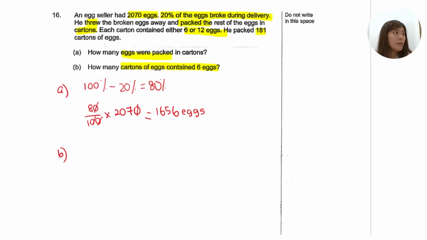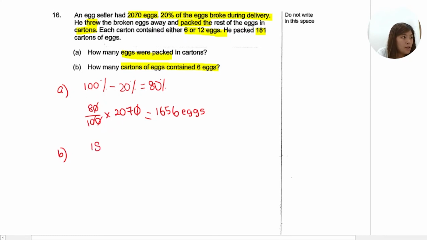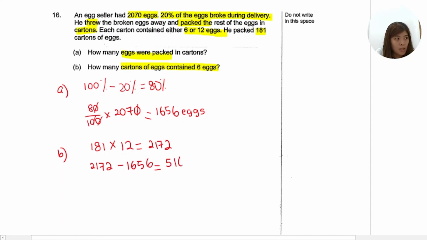Okay, so for part B, right, how many cartons of egg contain 6 eggs? Okay, so first you find out he packed 181 cartons of egg. You multiply first by 12, you will get 2172. Okay, then you take the difference. 1656 is the eggs that were packed in carton. This difference is actually 516.